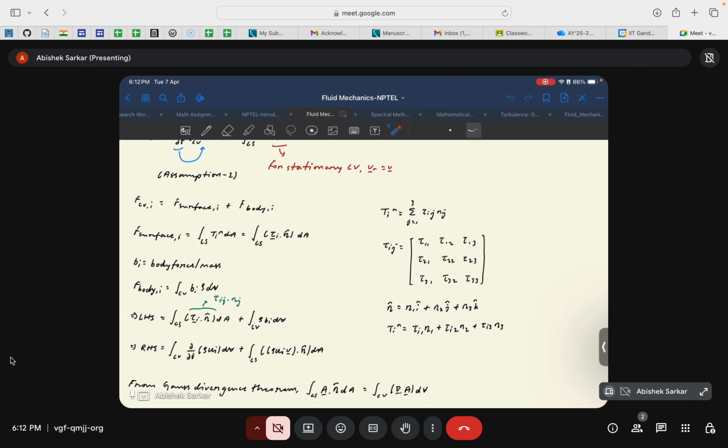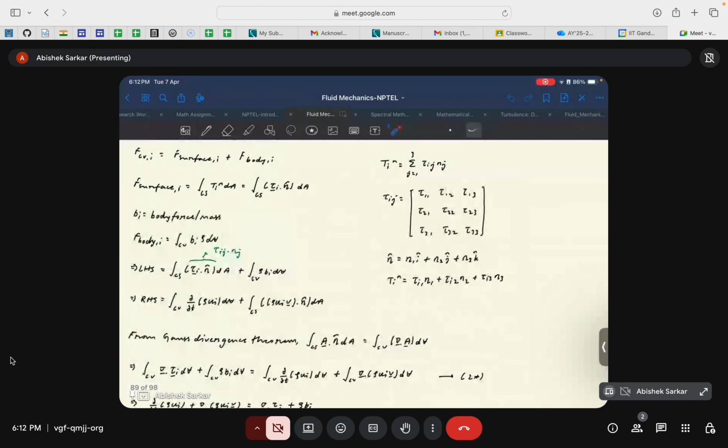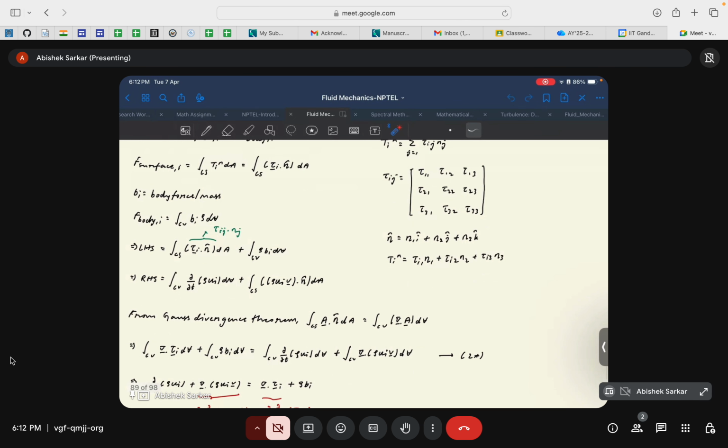We do a dot product between the stress tensor and the normal vector, and the traction vector gives us the stress components along the direction of the normal vector. As you can see, this ends up as a surface integral because it gives us the surface forces.